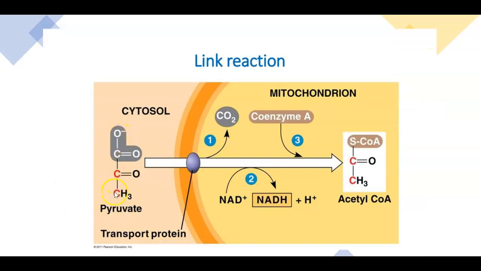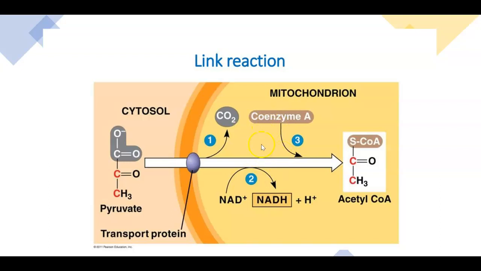Pyruvate, 3 carbons, enters through a transporter into the mitochondrial matrix. Right away, 3 things happen to it. One, it loses a carbon dioxide. Another is that NAD+ is going to oxidize the rest of this pyruvate, forming NADH. That's the reduced form. And then we have a coenzyme that's going to be involved.